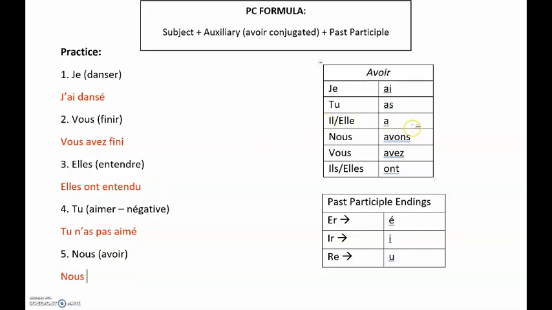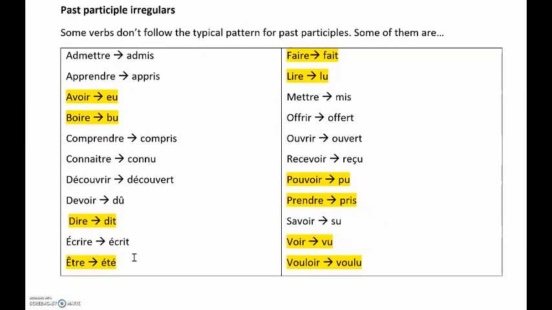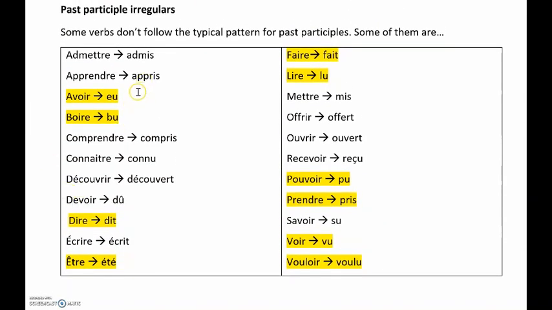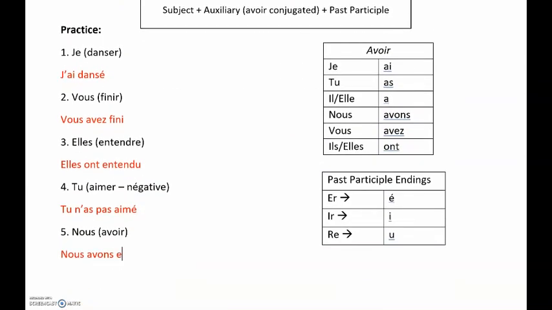So to conjugate nous and avoir together, it's avons. And then avoir has an irregular past participle, if I just scroll up or look at my notes, I'll see, oh, hey, it's right here. It becomes eu in its past participle form. So I'm going to go back down here and type in nous avons eu.